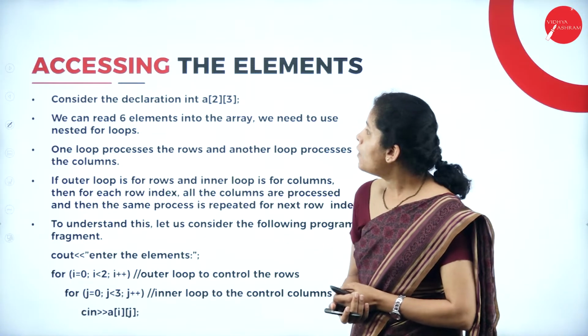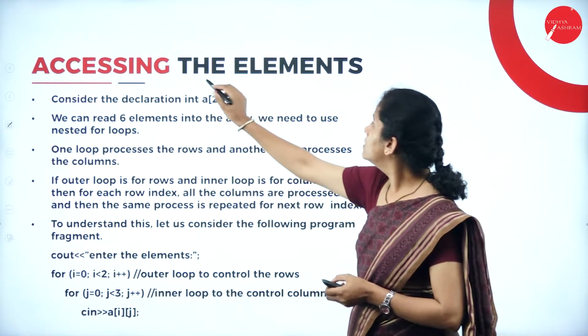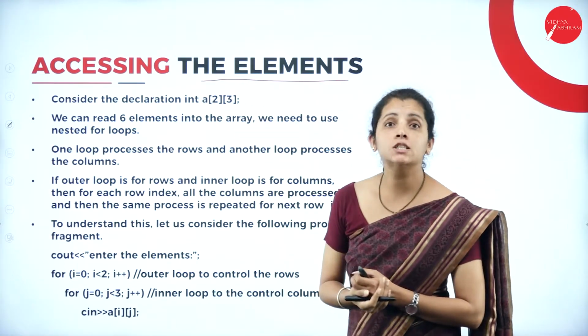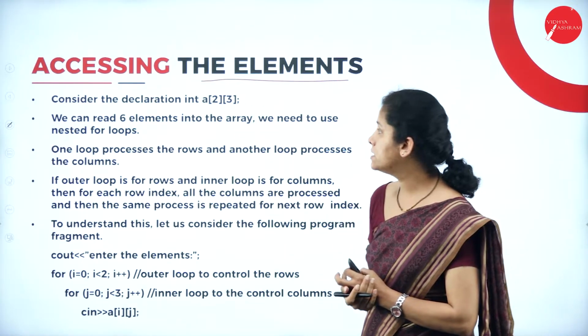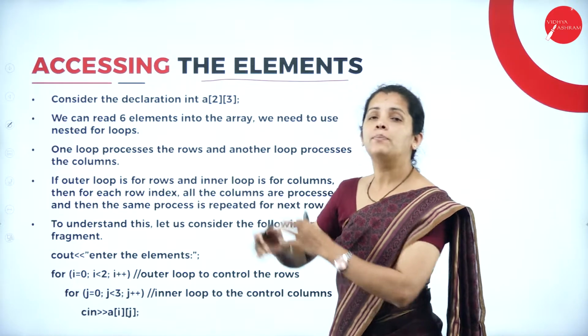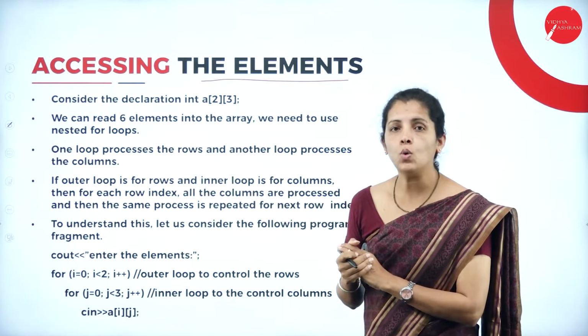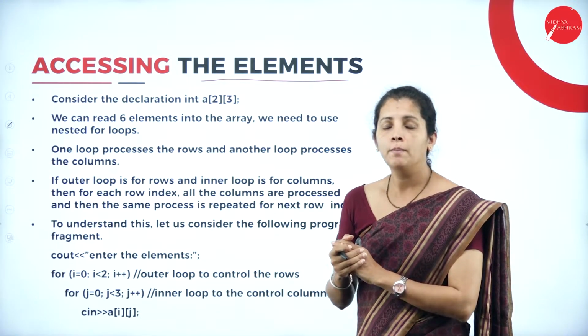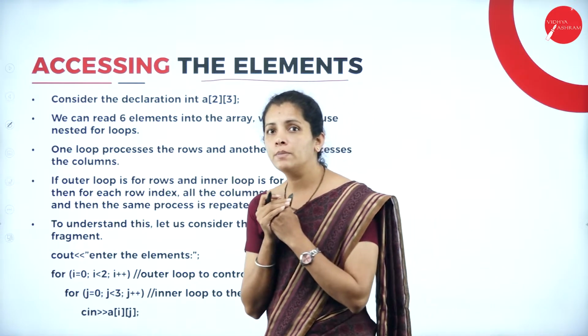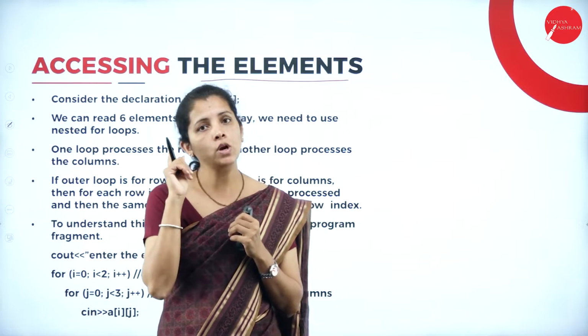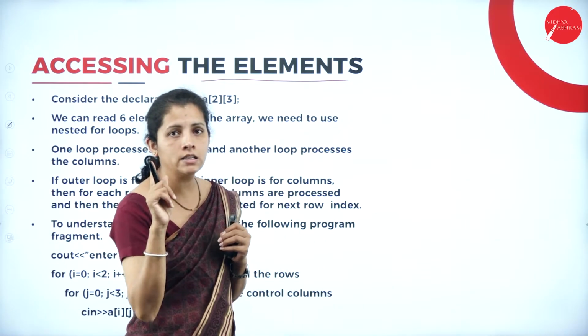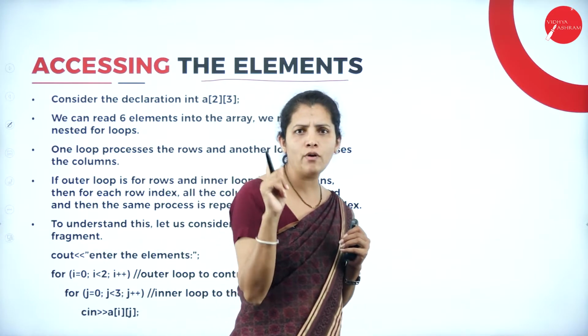Now how can I access the elements stored in the two-dimensional array? The procedure is similar to a one-dimensional array, but in a one-dimensional array I have only one index, so I use only one for loop.